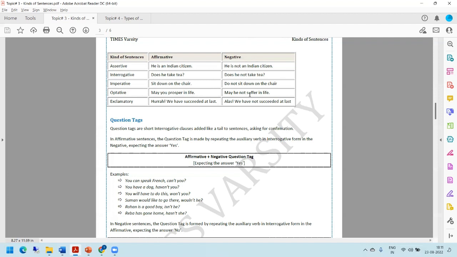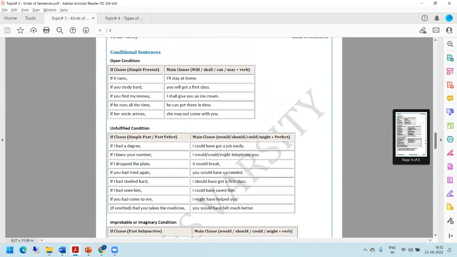Negative: may he not suffer in life, because the word not is used. Similarly, exclamatory: hooray, we have succeeded at last. Negative: alas, we have not succeeded at last. So affirmative and negative. This is about this one.